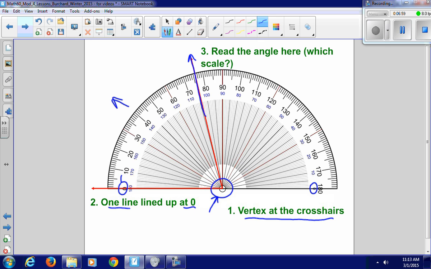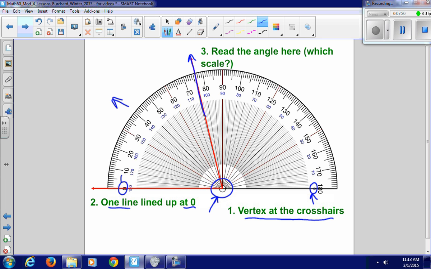Now, make sure you know which scale you're looking at. The way I know which scale I'm looking at is which 0 did I line it up with. See, I didn't line it up with this 0 over here, so I'm not going to use what on this protractor is the blue scale.